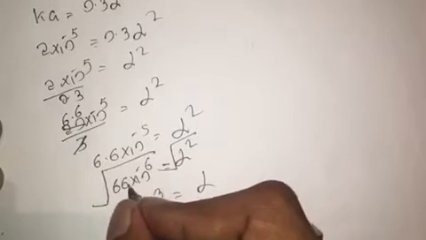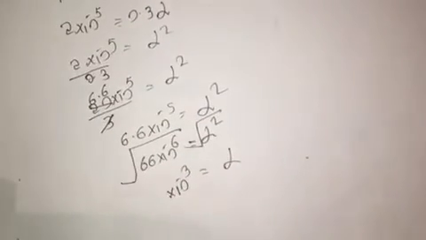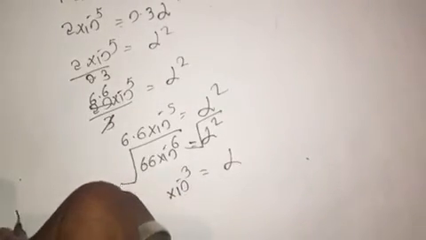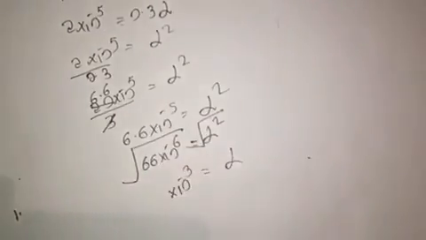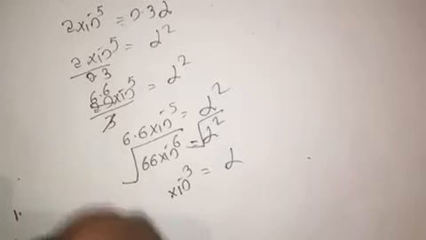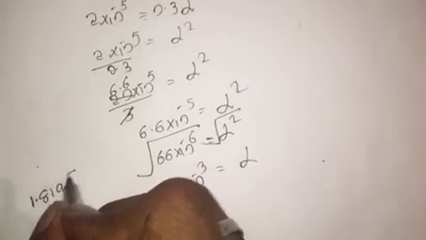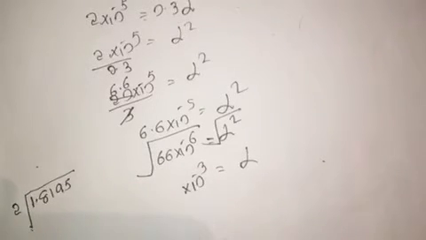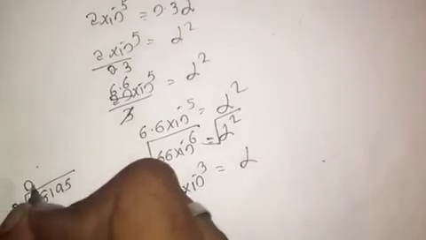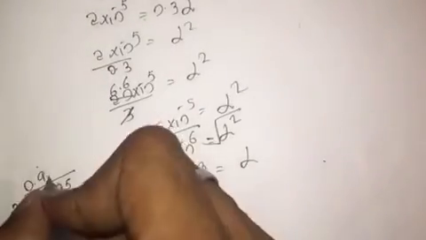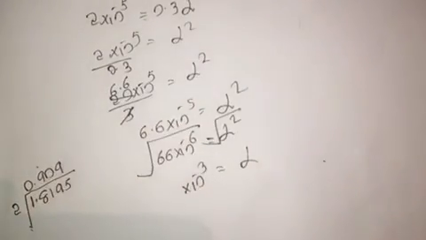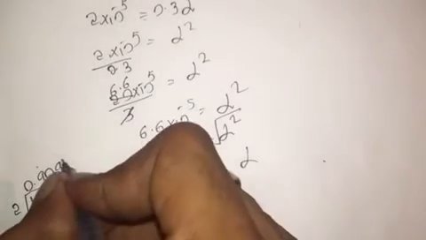Now we get the square root of 66, thus we should take log of 66, 1.8195. To get the square root, divide by 2, 0.9097.